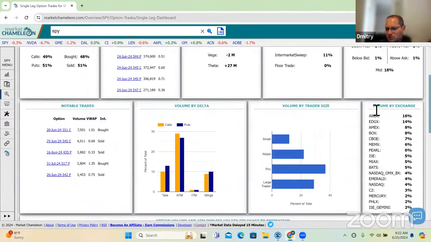And coming down here, lastly, we look at the distribution of the volume based on the different exchanges. Here it shows that ARCA made the top of the list, 16% EDGX, and then you could see as it goes down. The idea is that you want to get a sense of whether a lot of the volume is concentrated on one exchange or equally distributed.